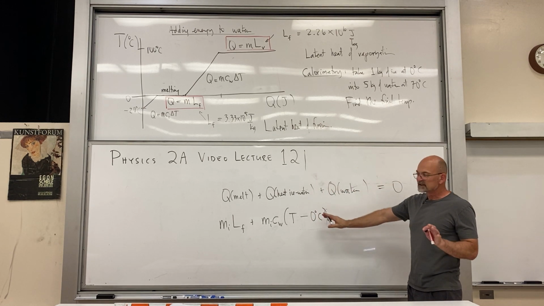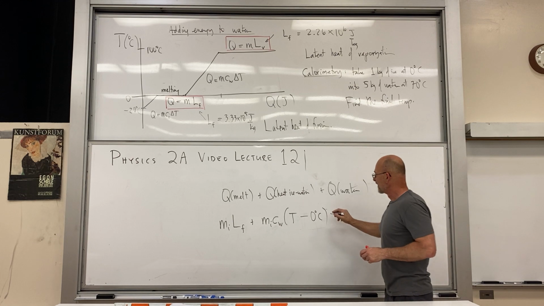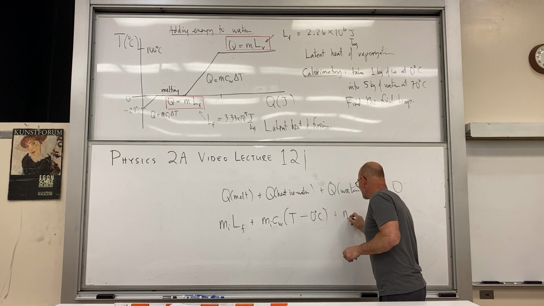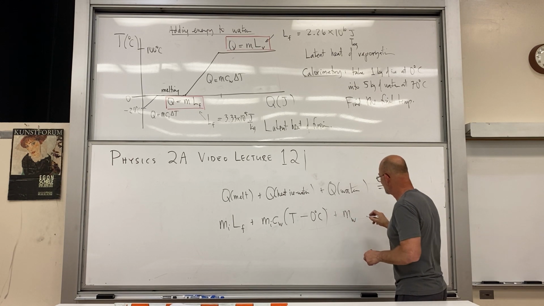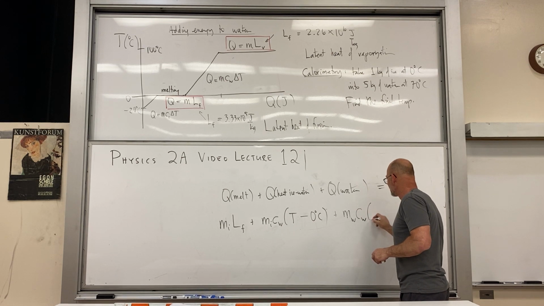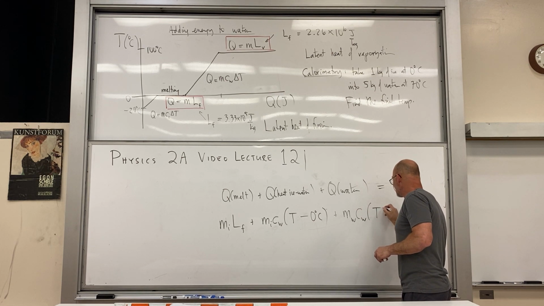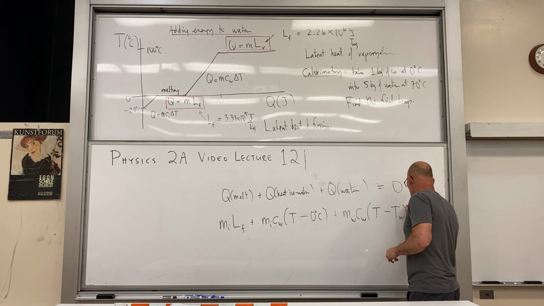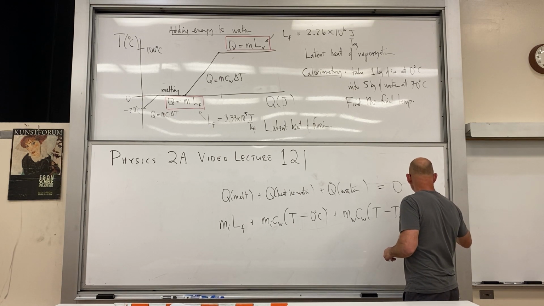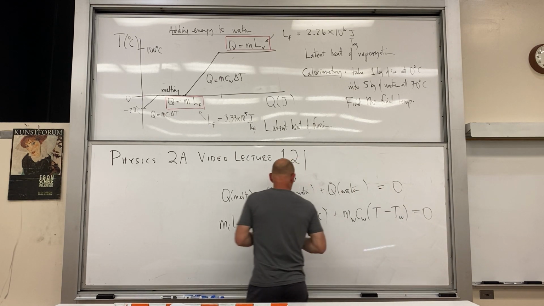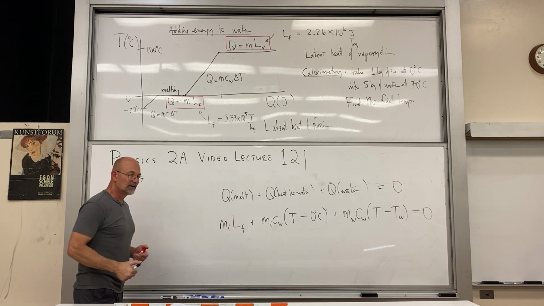You can write it in there just to have your equation complete. And then we're going to have the mass of the initial water, specific heat of water, T minus the initial temperature of the water equals 0. So there's your equation. You can solve for one unknown.